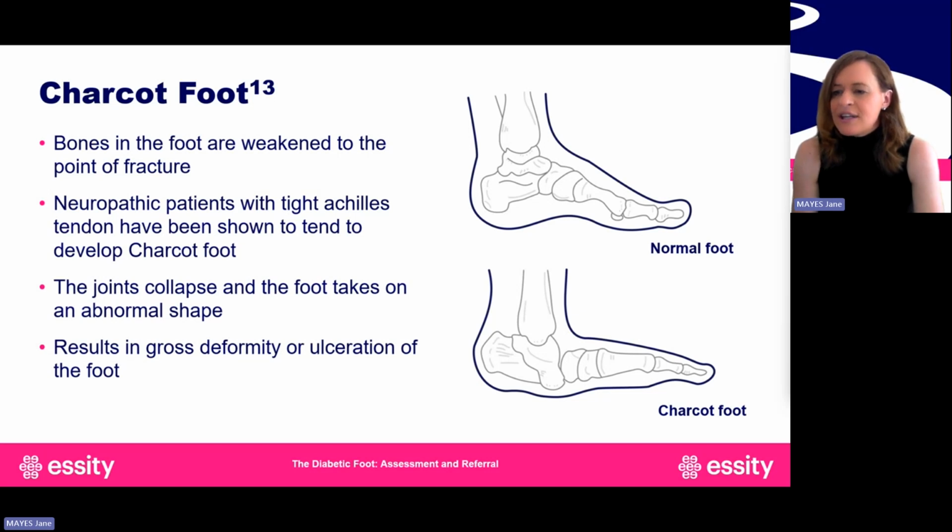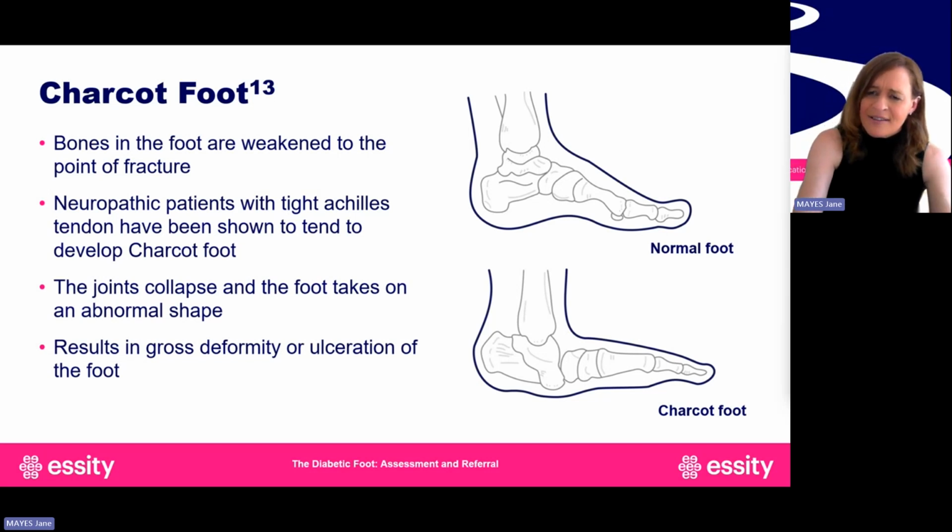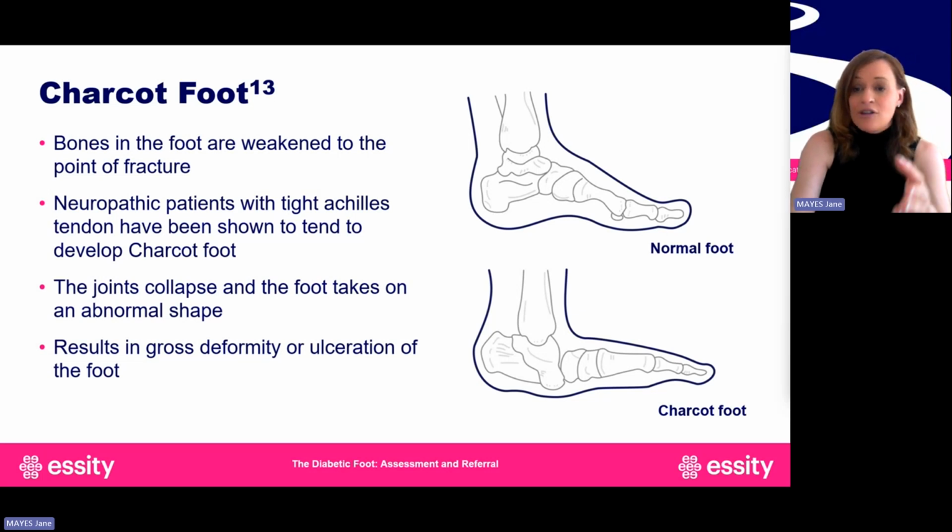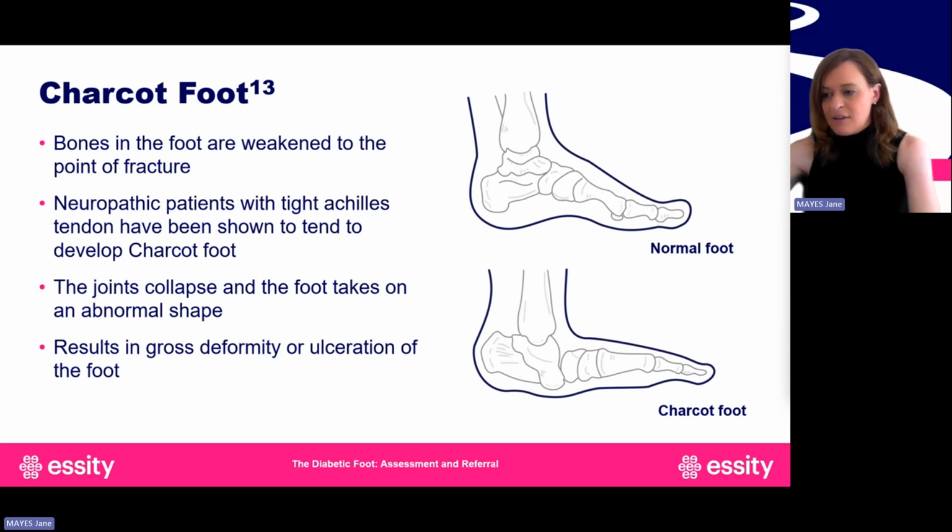And it becomes an issue when you're thinking about footwear and those patients that are going to need some support with their footwear, because if their footwear doesn't fit, it's back to that trauma cycle, causing a pressure ulcer on the foot that then, with peripheral arterial disease and neuropathy, escalates very quickly into severe ulceration and that risk of amputation.